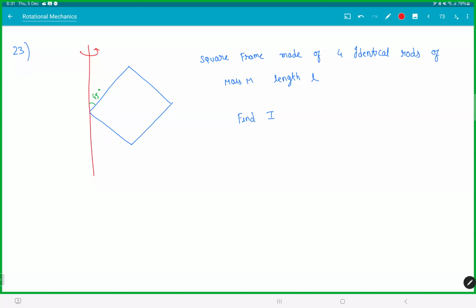Any answers? Seven ml square by 12. Okay, we have two answers. Four o'clock, we have 30 seconds more. Anyone else got it? 9 by 2. 7 by 12. I hope you guys didn't take the square plate. 9 by 2. No, that's not the answer.